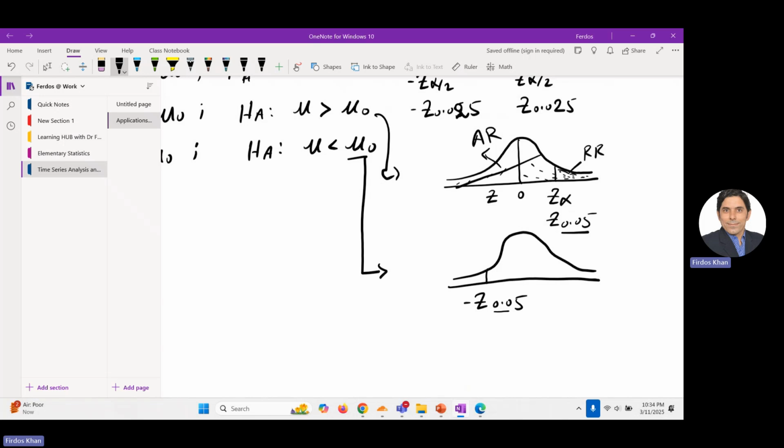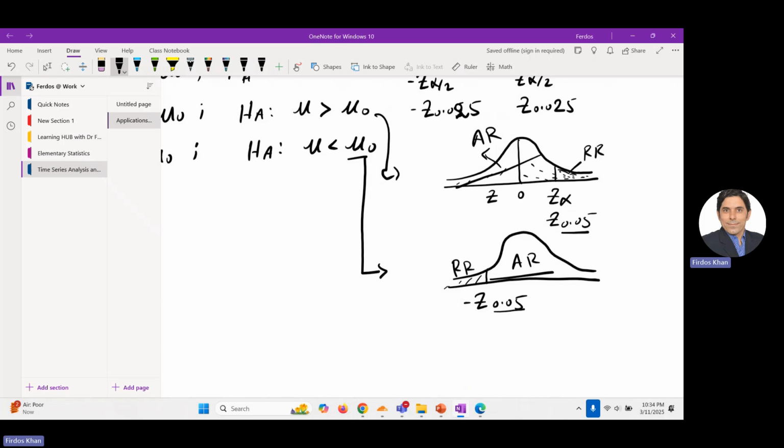You just need to look up this value in the table and you will see the value of Z at this point. That is the rejection region and that is the acceptance region. Now you calculate the value of Z from the given data, and if the value lies in the rejection region, you reject the null hypothesis, and if it lies in the acceptance region, you accept the null hypothesis.